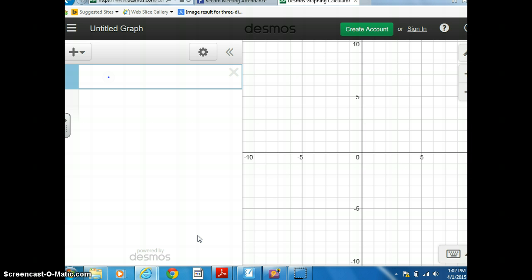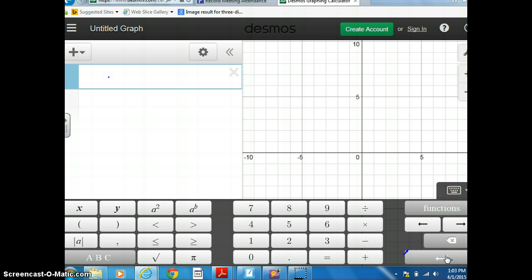So for number 11. Let's try this again. Number 11, we have x squared plus 1.